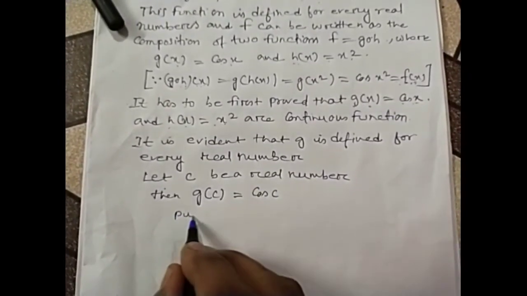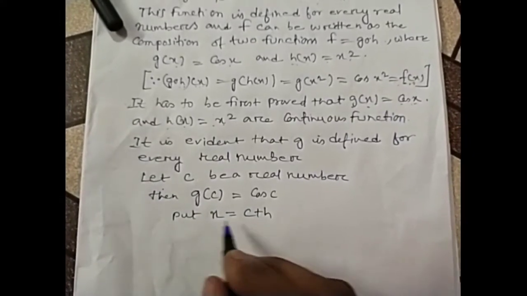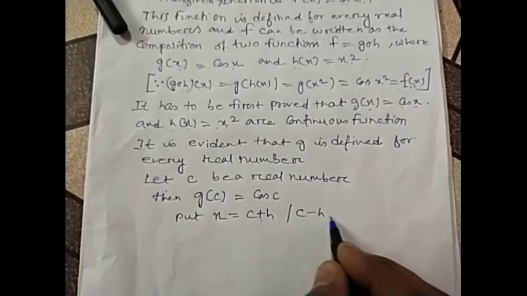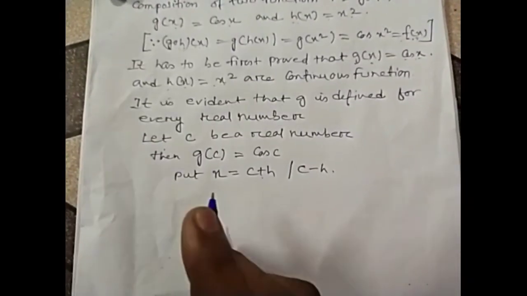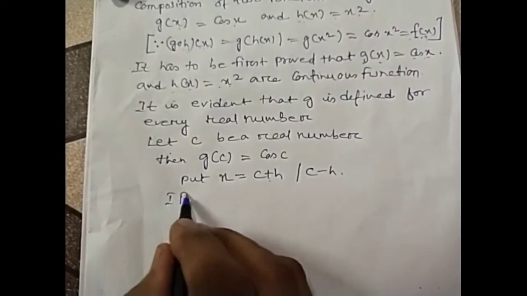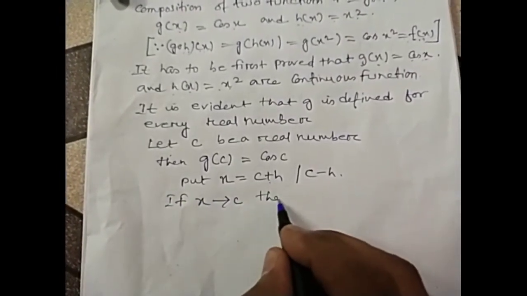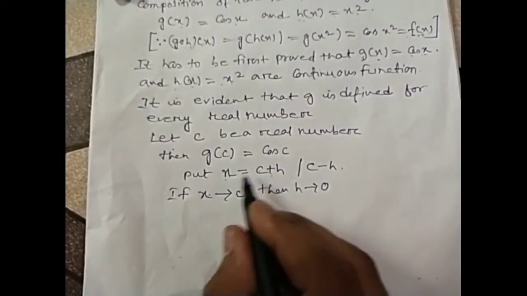Put x equal c plus h. Previously I told you that you can put c plus h or c minus h, anyone you can put, but do not write both. If x tends to c, then h tends to 0, since if x equals c then c gets cancelled, so h equals 0.